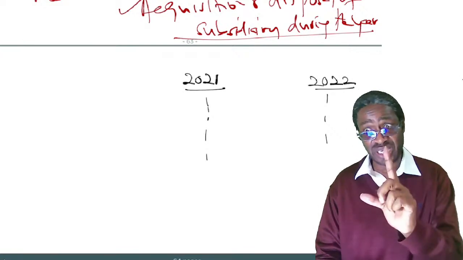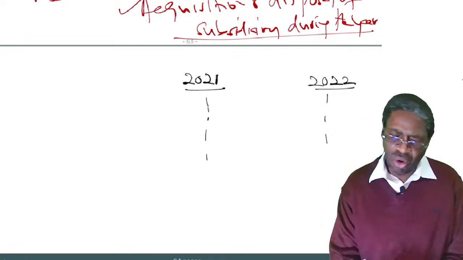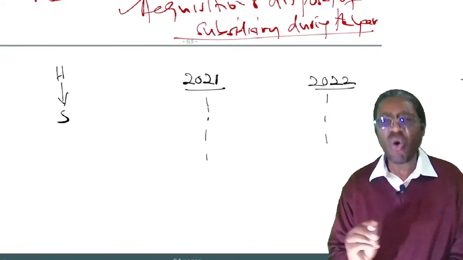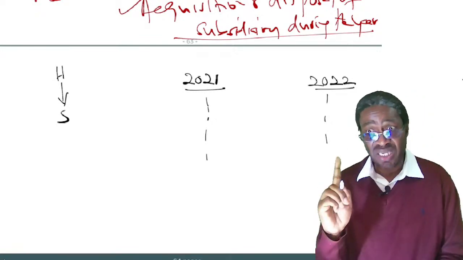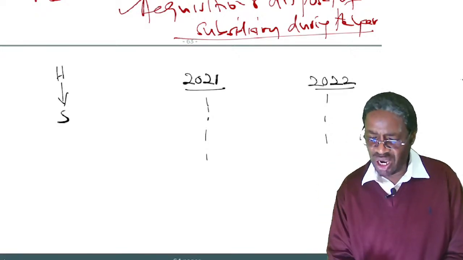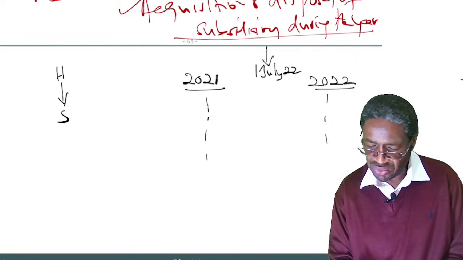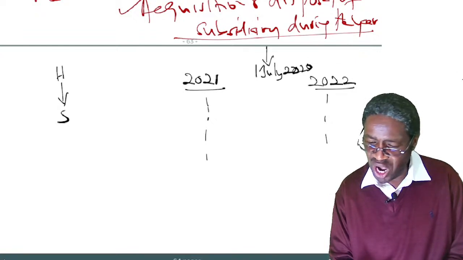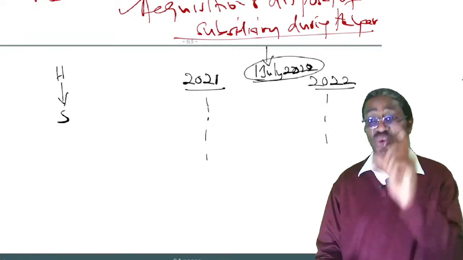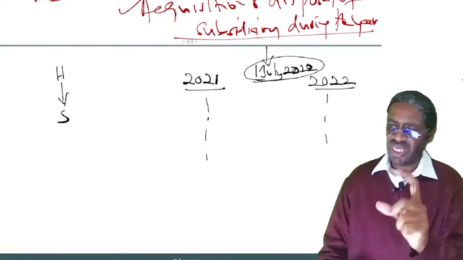Now listen, I'm starting now. Assuming as a holding company, you acquired a subsidiary company somewhere on 1st July 2022. What does it mean?